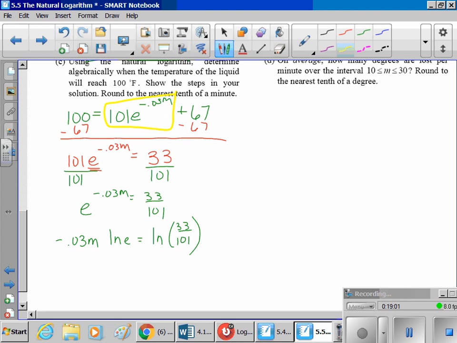Divide both sides. Now we know ln of e, we know that this is equal to 1. So we're going to end up with divide by negative 0.03. And m turns out to be 37.28.